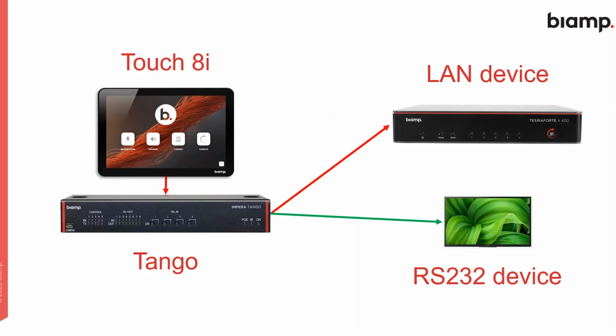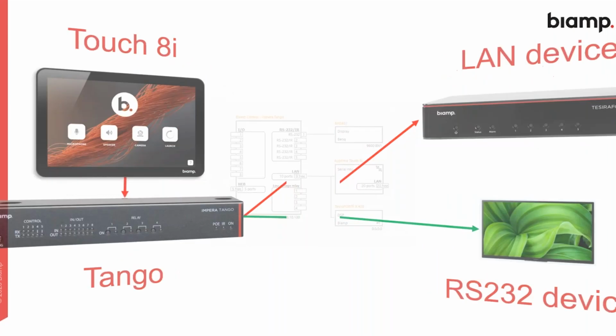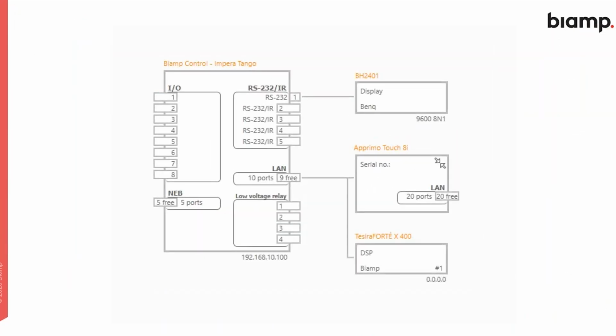So the next step up in complexity is a Tango, and this is serving a web page to a Touch 8i, which again, the combination is controlling a LAN device. Now with the Touch 8i, because it is a touch panel with a controller, when you put that into Project Designer, it does appear. So the Touch 8i does appear as a LAN device. Now in this case, of course, the Tango can control up to 10 LAN devices.